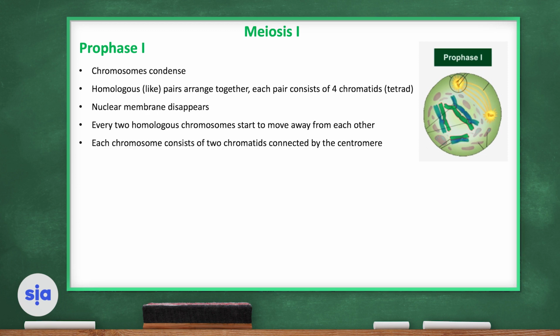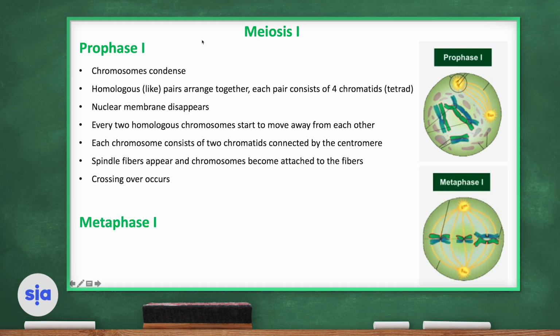And each chromosome consists of 2 chromatids connected by the centromere. So homologous means identical. So identical chromosomes begin to condense together. Spindle fibers start to appear and the chromosomes become attached to the fibers, and crossing over occurs.